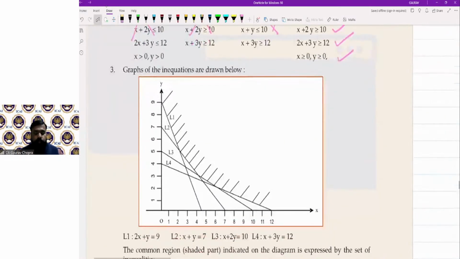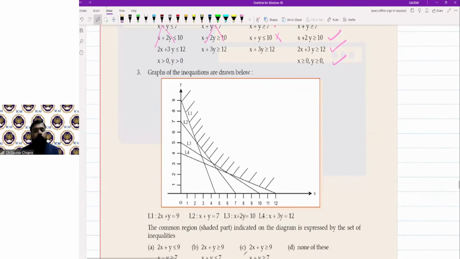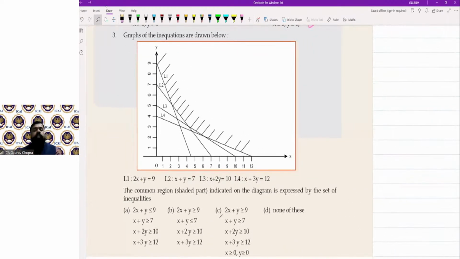Now the third one. Now in third, graph is given directly. And graph को अगर हम ध्यान से देखें, the shaded region is outside, बाहर वाला एरिया है और सारी लाइंस के बाहर वाला एरिया है. Now this outside region is possible only when, कब पॉसिबल है ये?